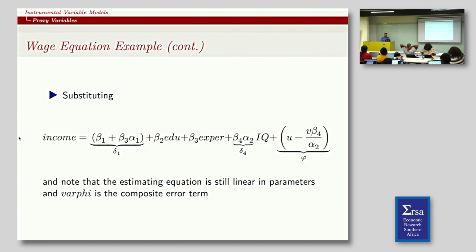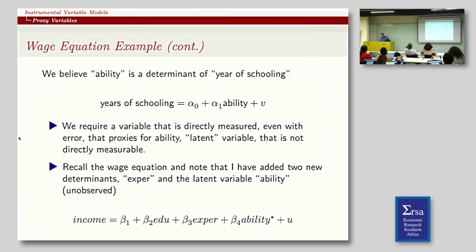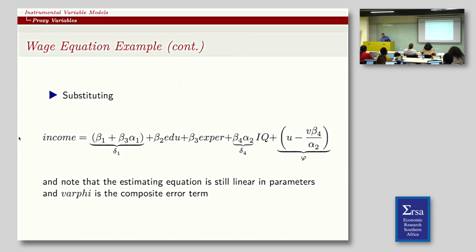So here is us replacing ability with IQ plus this parameter here. The alpha 1 was the constant in the ability equation.